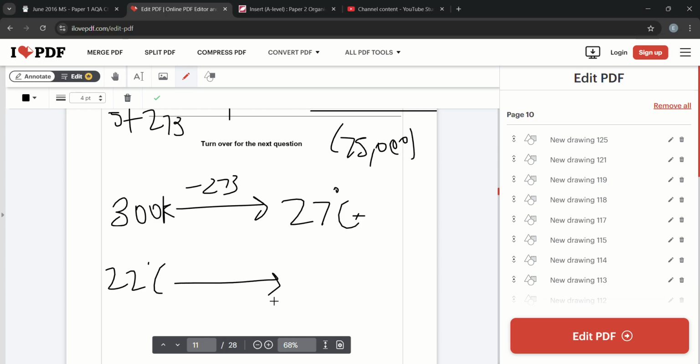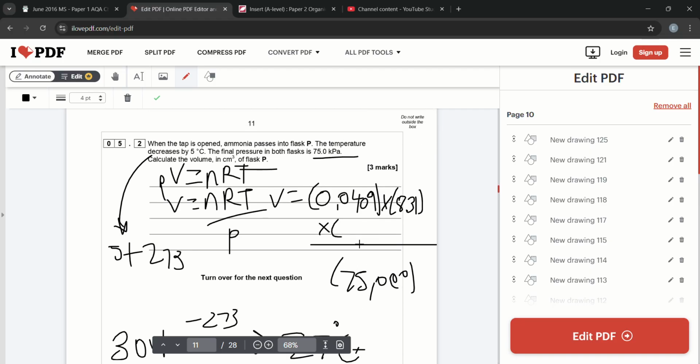Now we can convert it back to Kelvin, so add 273: 22 plus 273 is 295. Substitute that in here. So 0.0409 times 8.31 times 295 over 75,000.